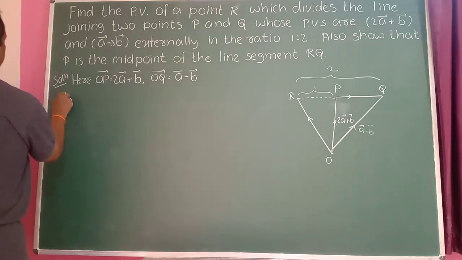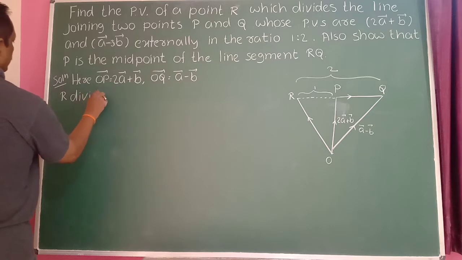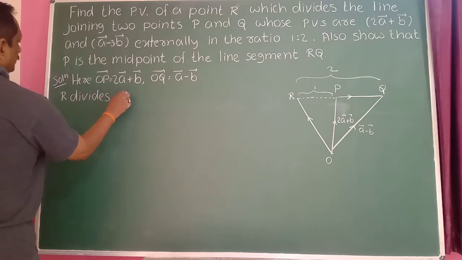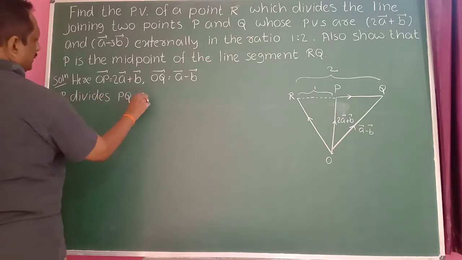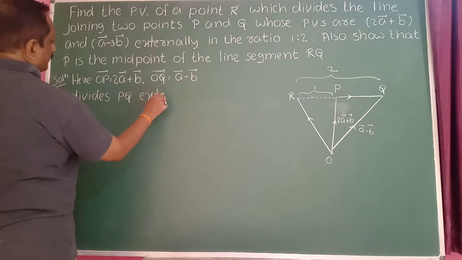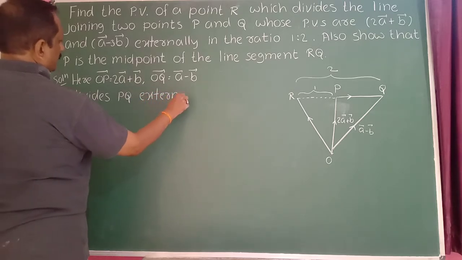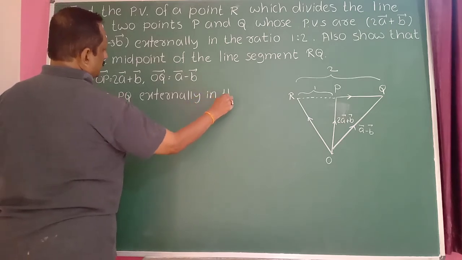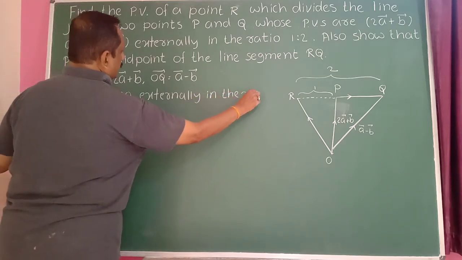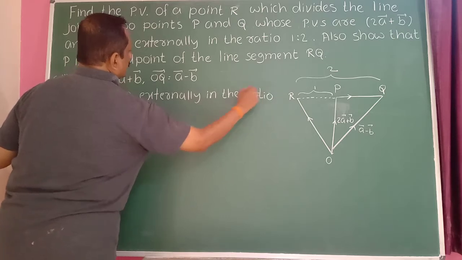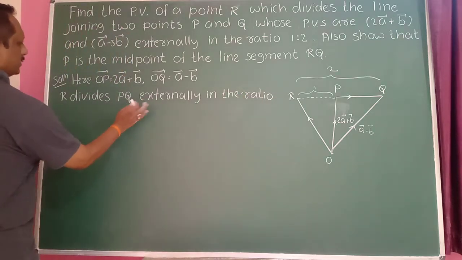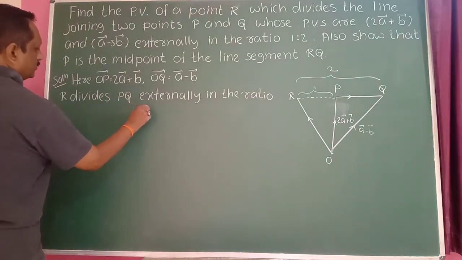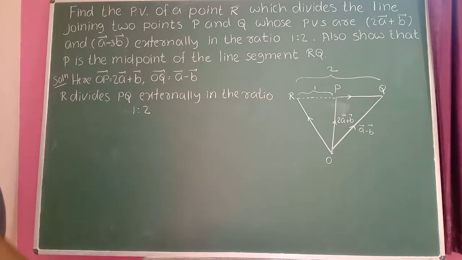So R divides PQ externally in the ratio 1:2, already given here.